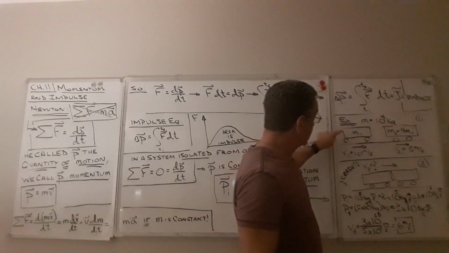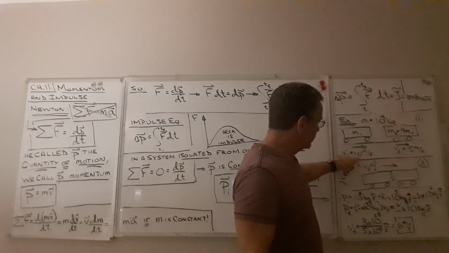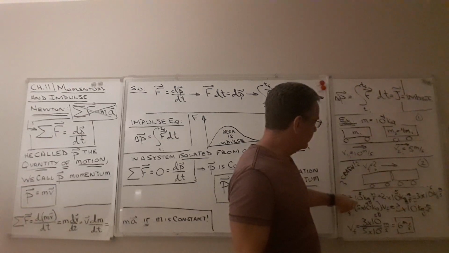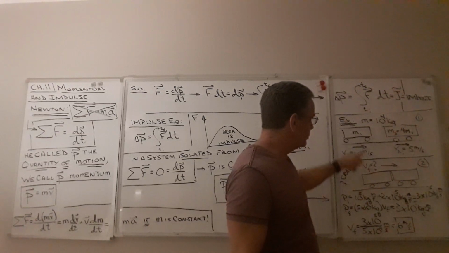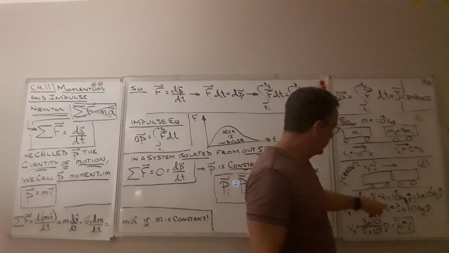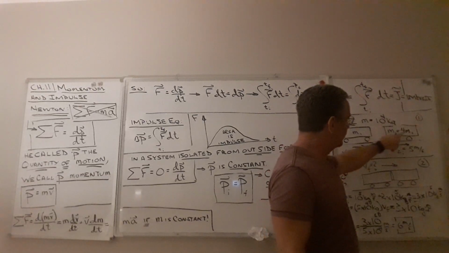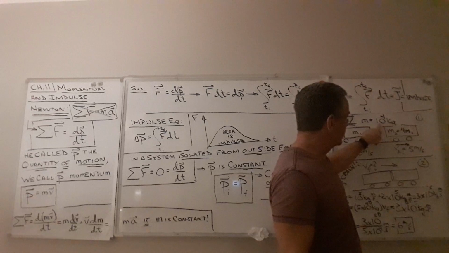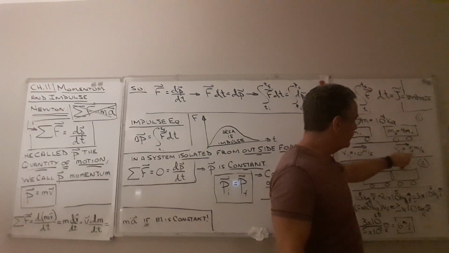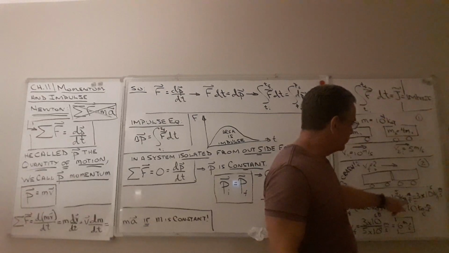So let's see, 10 to the 4th kilograms times 10 meters per second gives you 10 to the 5th kilograms meters per second for the momentum of the first car before the collision, plus the momentum of the second car before collision, which is going to be 4 times 10 to the 4th kilograms times 5 meters per second, and that gives you 2 times 10 to the 5th kilograms meters per second.